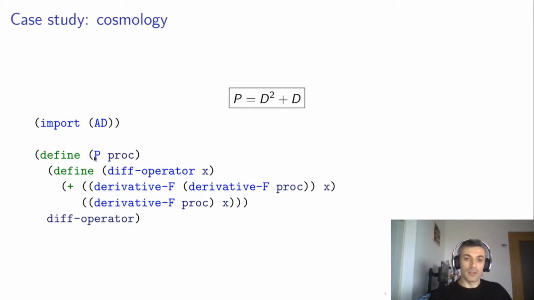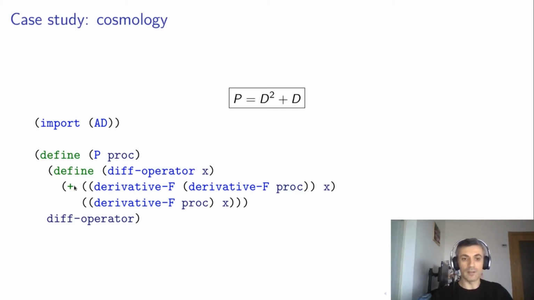And the differential operator would have been applied to some procedure, and the definition returns itself a function, because the derivative of a function is still a function that will eventually be evaluated at some value of x.